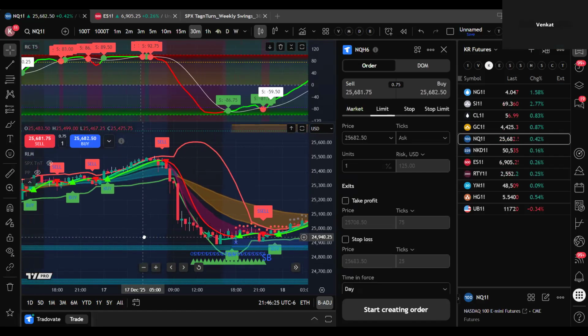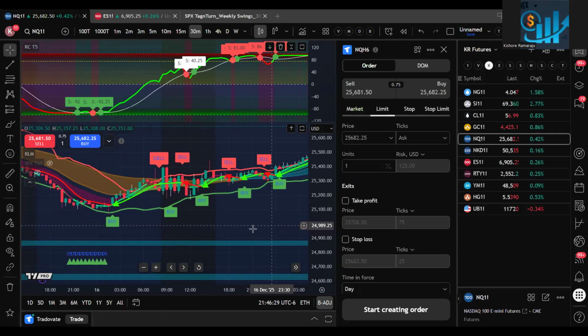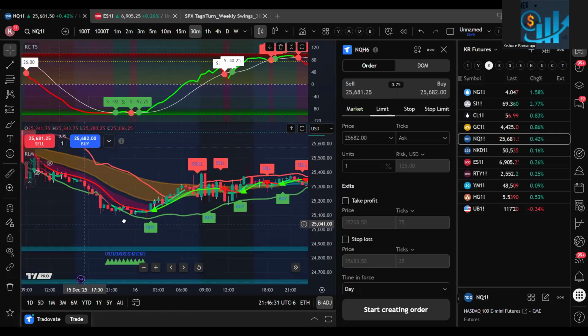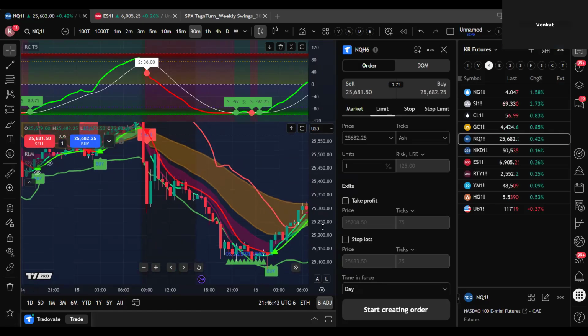Oh, there you go. Yeah, I see that as sell there. Here you got SL. When the clouds are completely bearish, your T5 is also bearish, you get a strong sell. Strong sell.